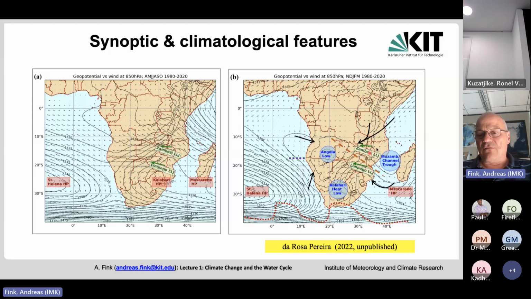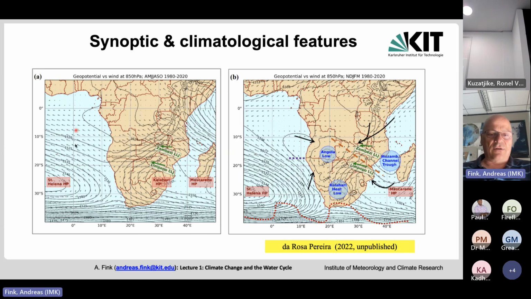And they are actually responsible for the bulk of the moisture that enters the high plateaus of Angola, also Botswana and Namibia. So moisture is coming from the Indian Ocean. It's transported onto the continent through these valleys. And of course, what makes it rain here, I come to later.